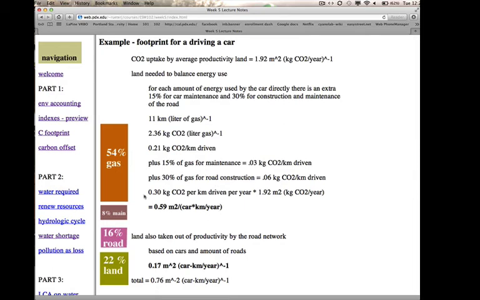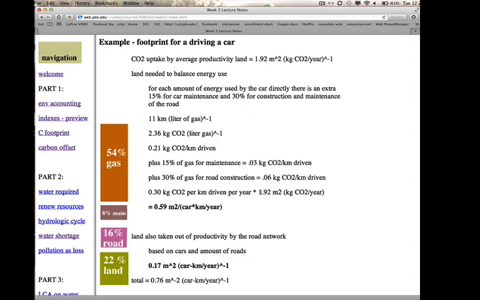If you add those numbers together, you get 0.3 kilograms of CO2 per kilometer driven per year, and you multiply it by the productivity of the land, which is how much CO2 the vegetation takes up per meter squared.